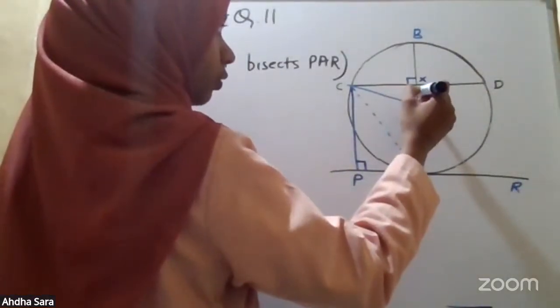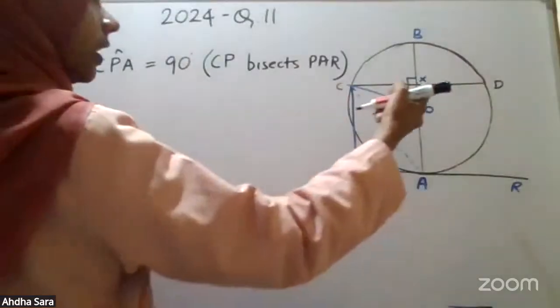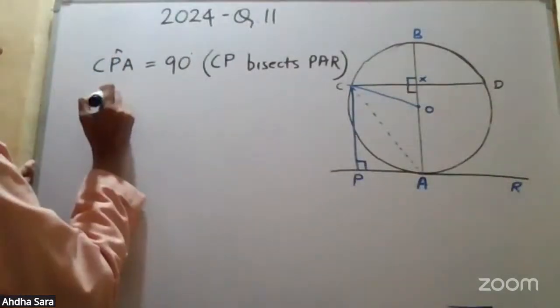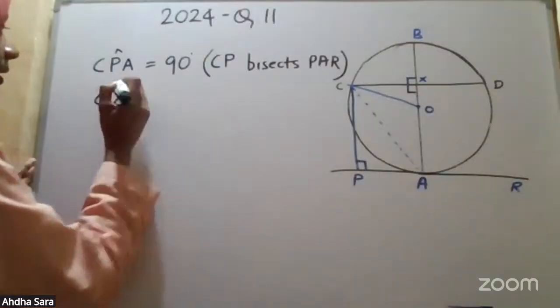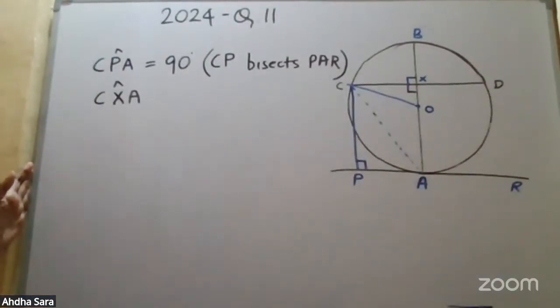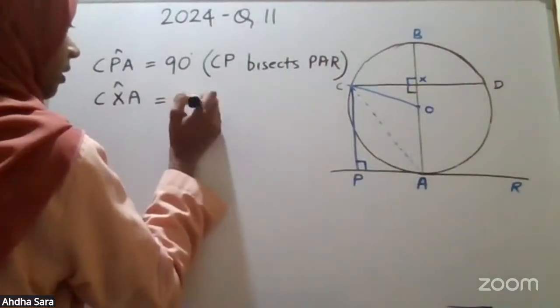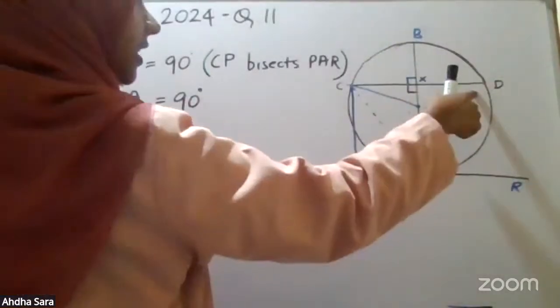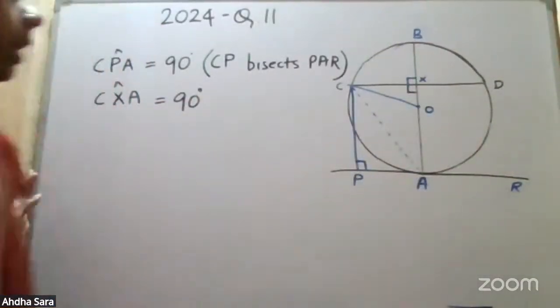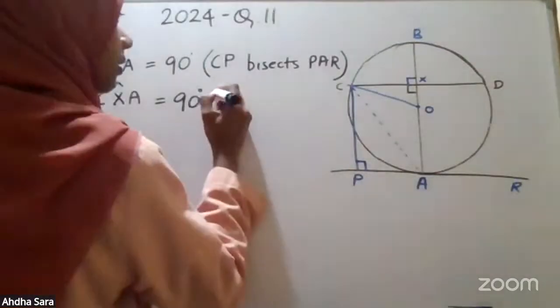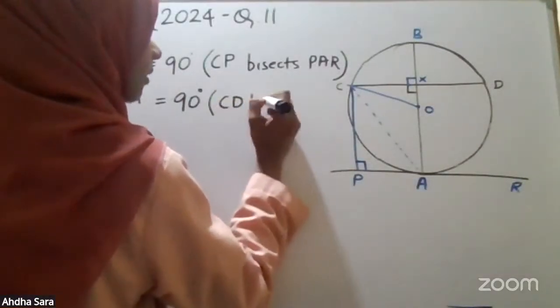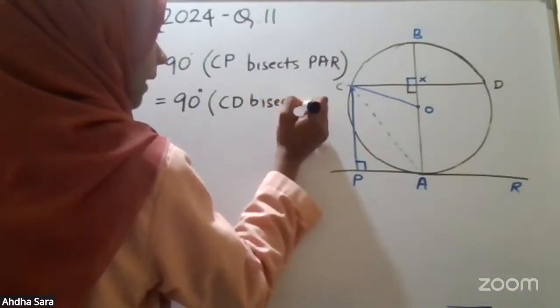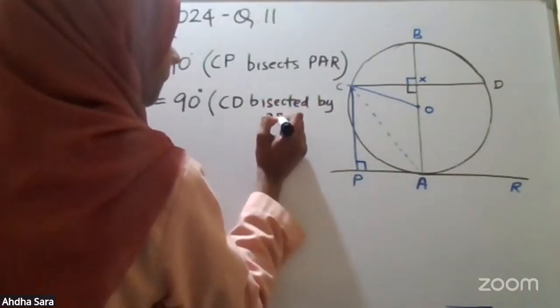Then we know the angle CXA will be 90 degrees because the chord CD is bisected by the diameter AB.